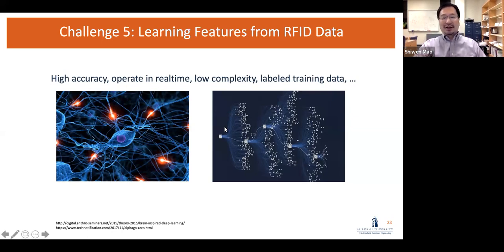analyze the RFID data. But there's an accuracy concern. Most of the sensing applications are real time, so we need the model to execute very fast, with low complexity. Another challenge is how to get a sufficiently large amount of labeled training data to train your machine learning models.